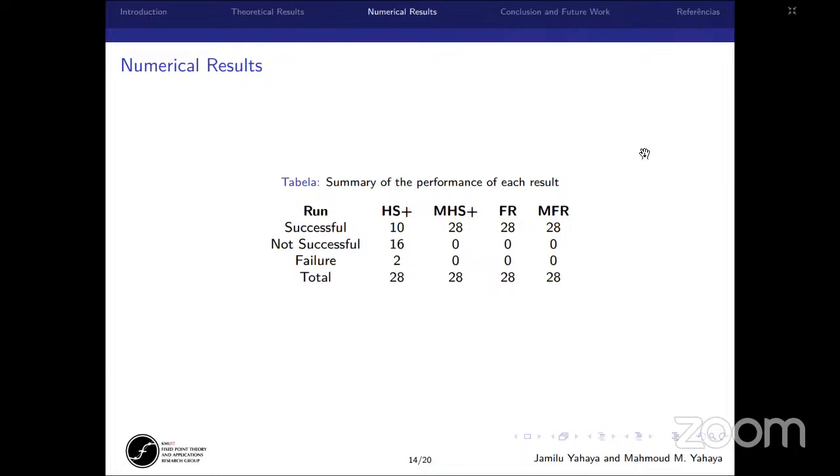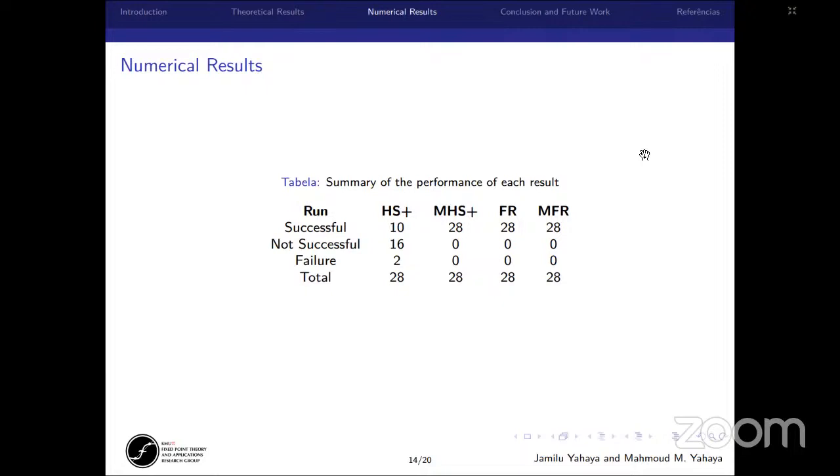On the other hand, we say that an algorithm is not successful if it was not able to solve these problems in these 200 randomly generated initial starting points. So if you look at this HS plus, it turns out to not be able to solve 16, even though it solved the problem in some random initial starting points, but it was not able to solve in all the 200 versions.